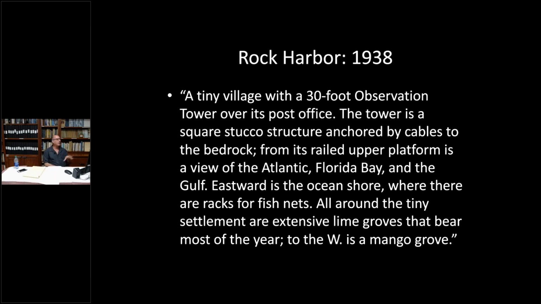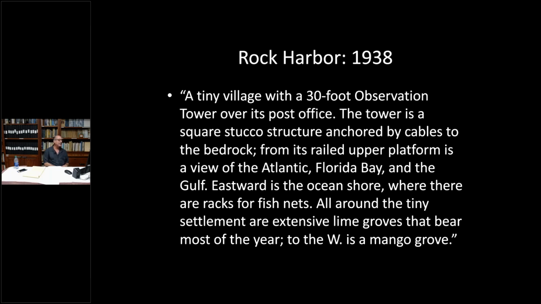And this is his description of Rock Harbor in 1938: a tiny village with a 30-foot observation tower over its post office. The tower is a square stucco structure anchored by cables to the bedrock. From its railed upper platform is a view of the Atlantic, Florida Bay, and the Gulf. Eastward is the ocean shore, where there are racks for fish nets.